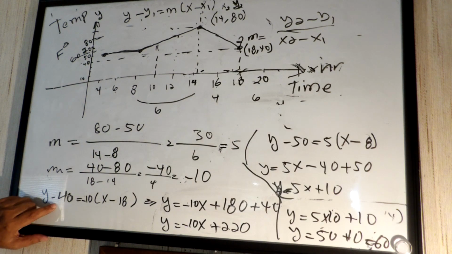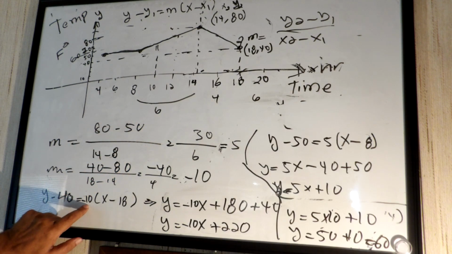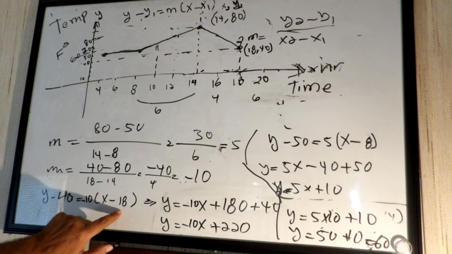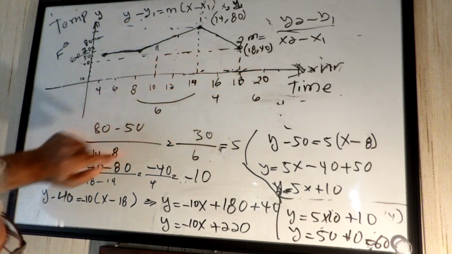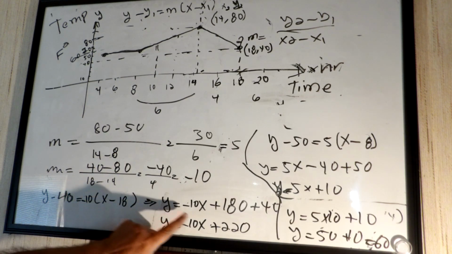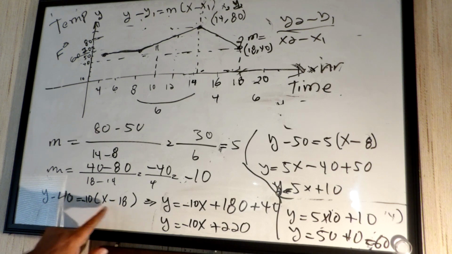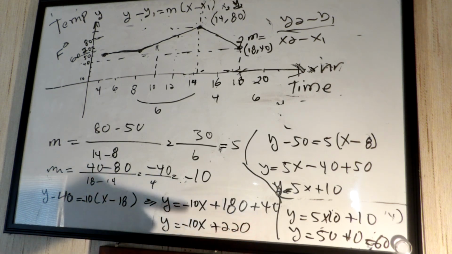So y minus 40 is the y part, and then minus 10, the slope, times x minus 18. We use 1 point and a slope, then we can write the equation. Now minus 10x plus 180, and then 40 comes to the other side, plus 40, is going to be 220.